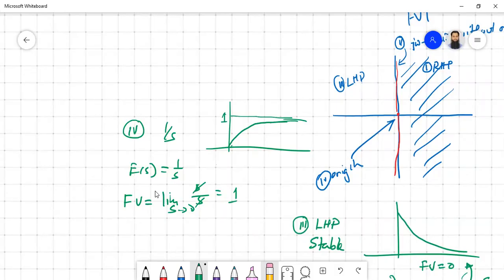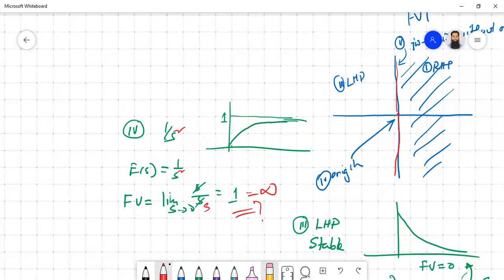One thing we have to be careful about: if you have multiple poles at the origin, what is going to happen? Say 2 of them. In that case, with s there, it becomes 1 by 0, and what you are going to get is infinity.